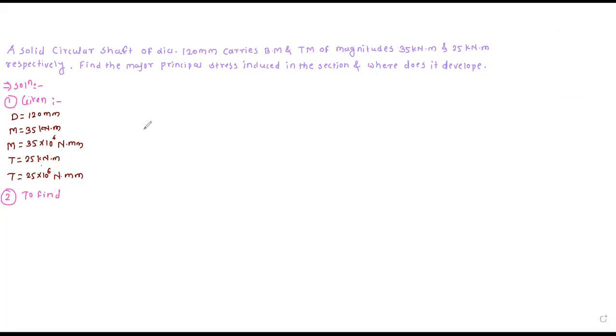Sigma 1 is equal to question mark, sigma 2 is equal to question mark. Here only the major principal stress is asked, but we will find both stresses. And then where does it develop? That means the principal plane also. So theta 1 is equal to question mark and theta 2 is equal to question mark. That much we have to find.